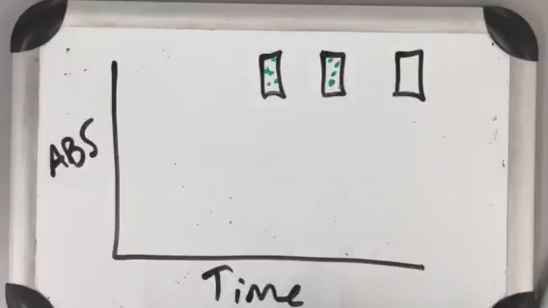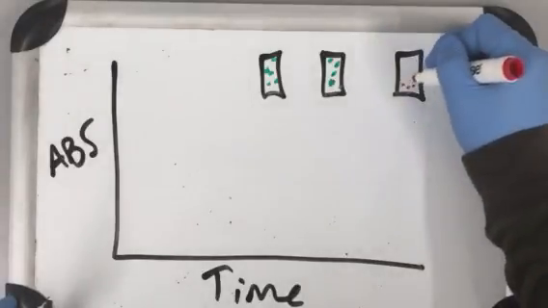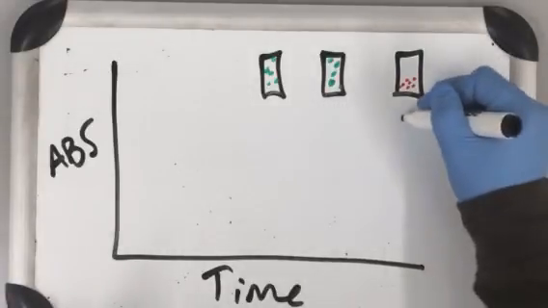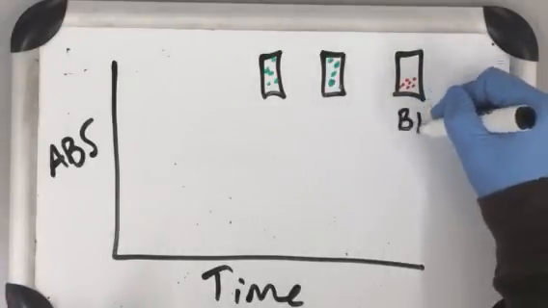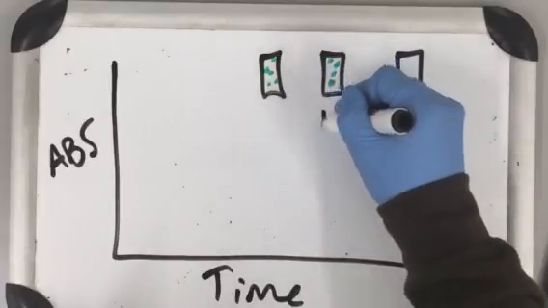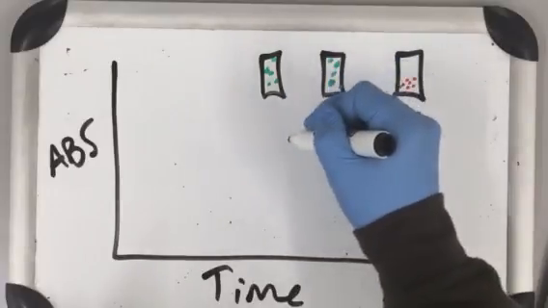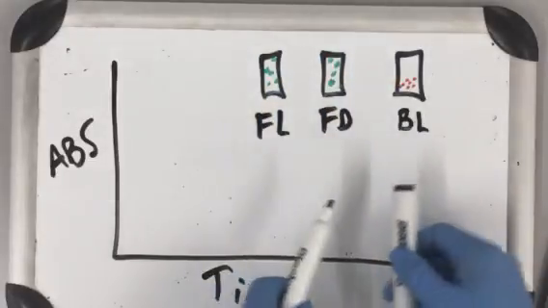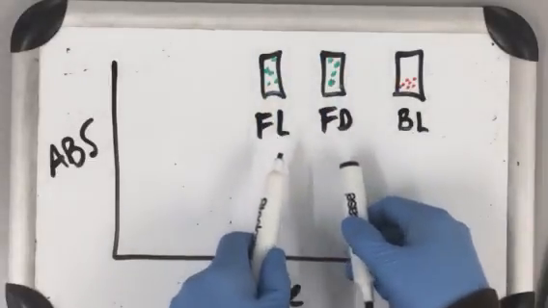The other is going to have boiled chloroplasts. So these have been kind of messed up, so nothing should happen in this one. And this is your fresh dark and fresh light. So we have boiled versus fresh chloroplasts.